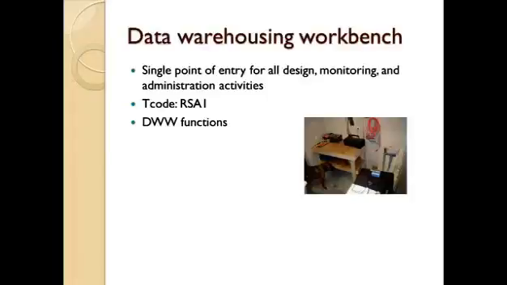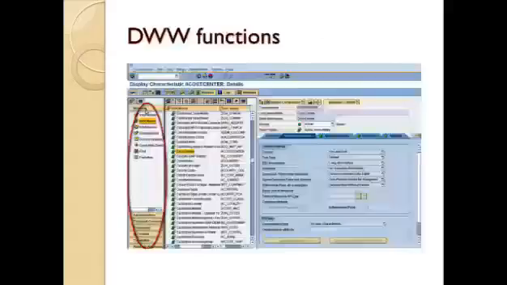Anyway, to use the workbench, the transaction code is RSA1, so you can do that, and then you will be taken to the workbench, and you will notice the various functions that are available to the developer or to the administrator.